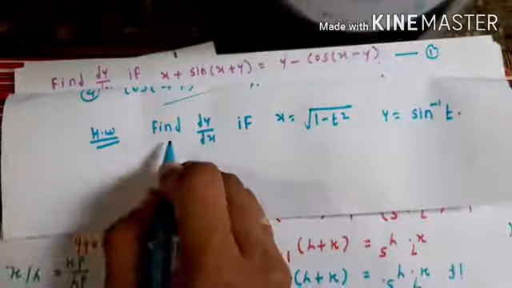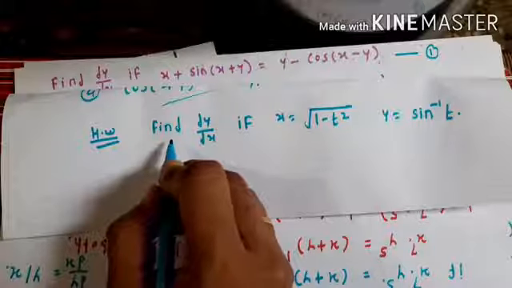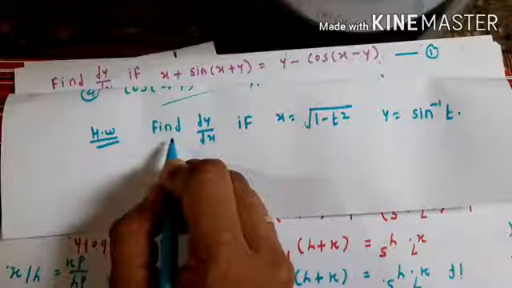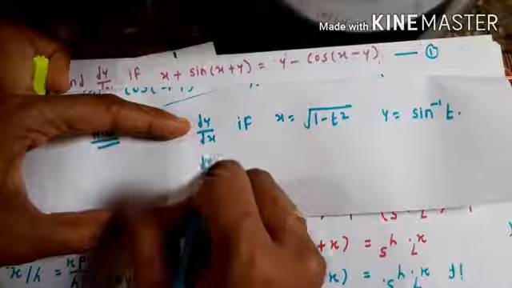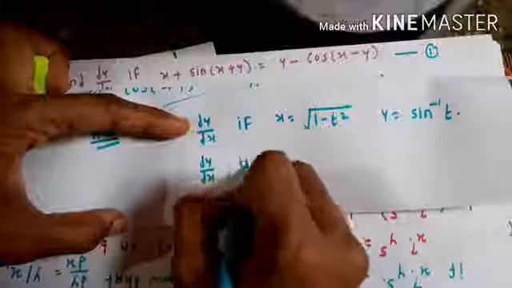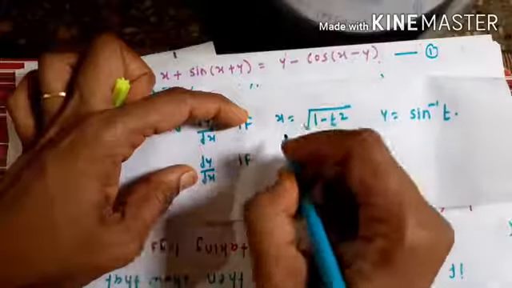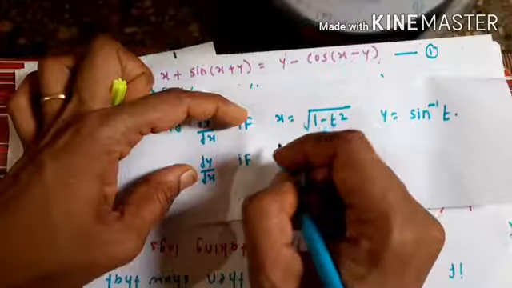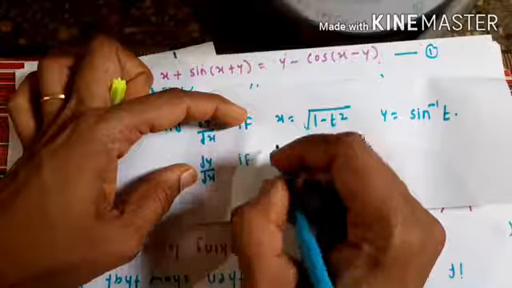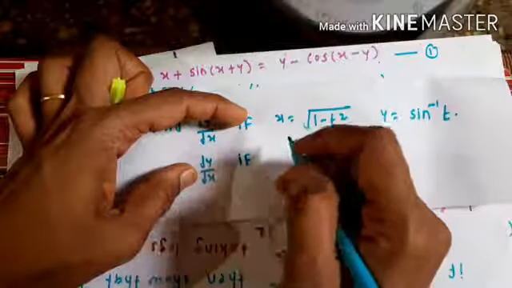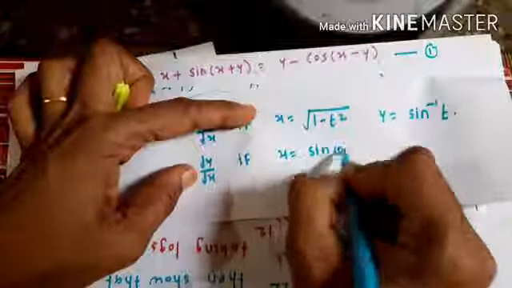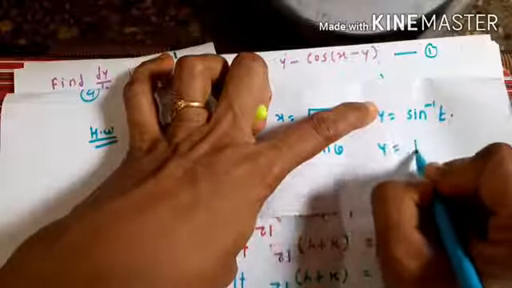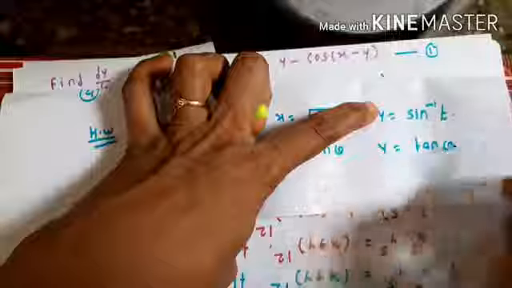This is the first example. And second, find dy by dx if x equal to sin theta and y equal to tan theta.